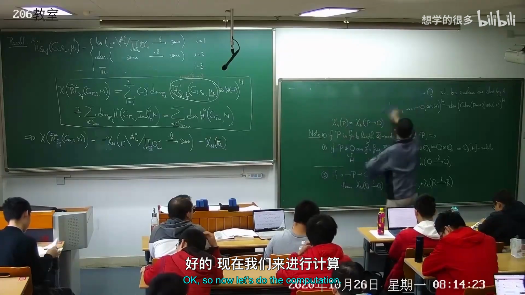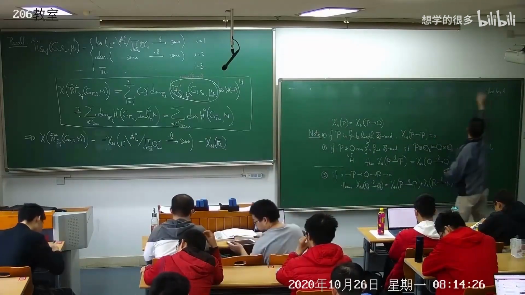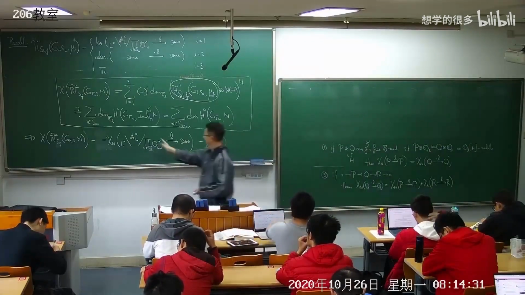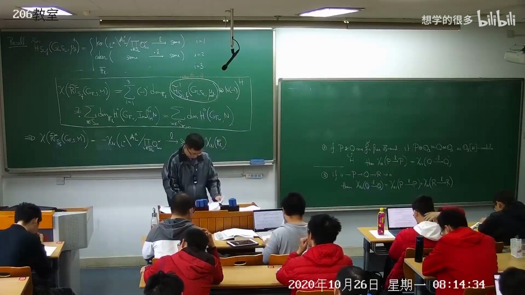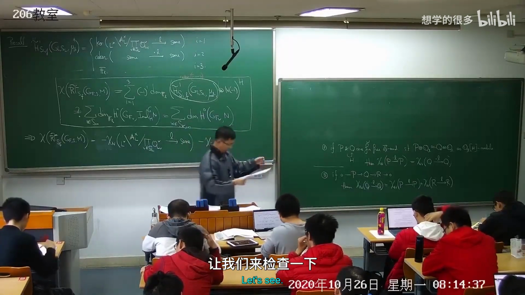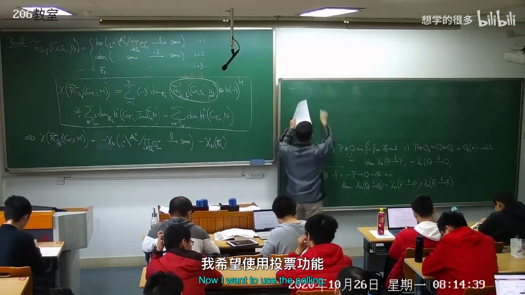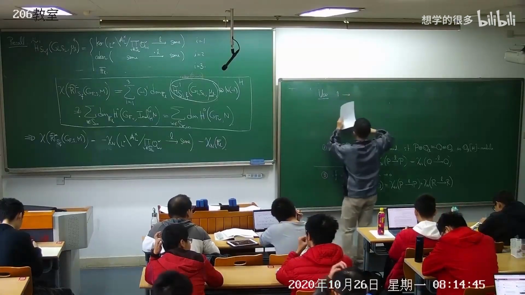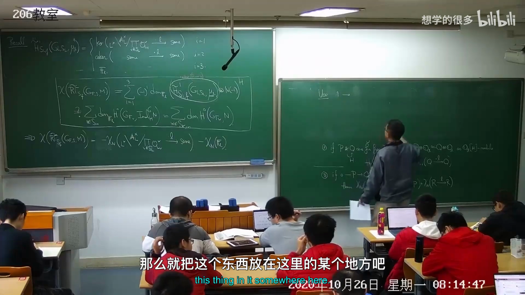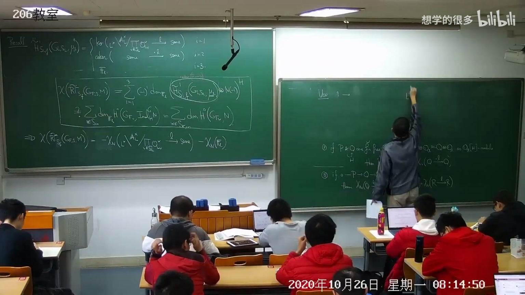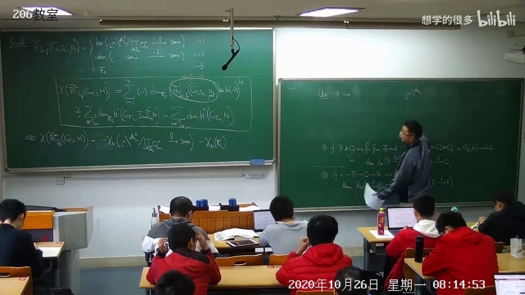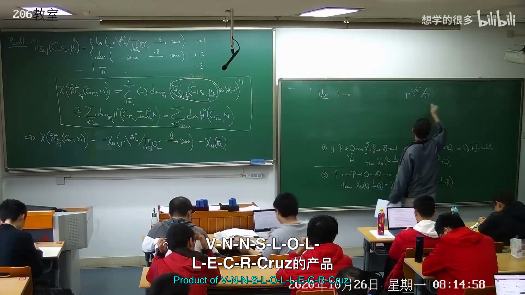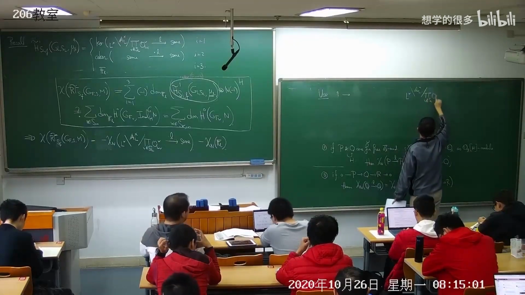Okay. So now let's do the computation. So let's compute this guy here. Now I want to use the following exact sequence. So let's put this thing in somewhere here. Product of V naught in SL O L V cross.